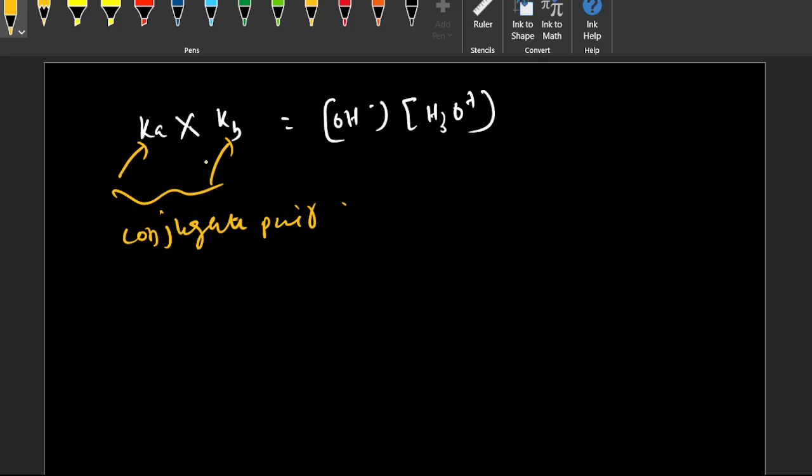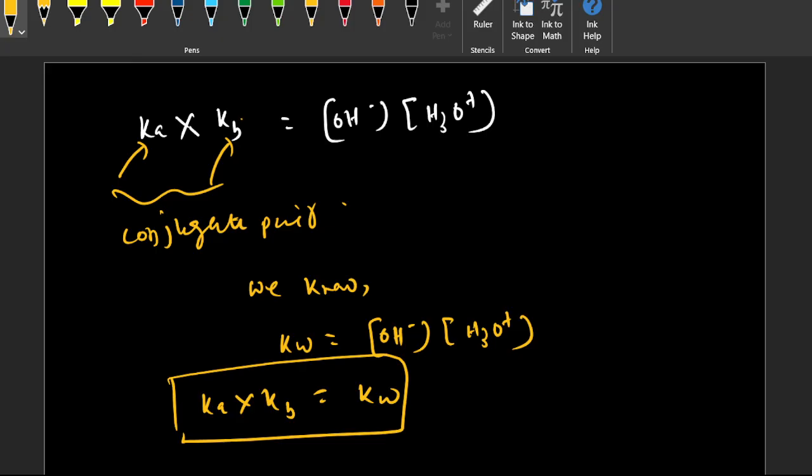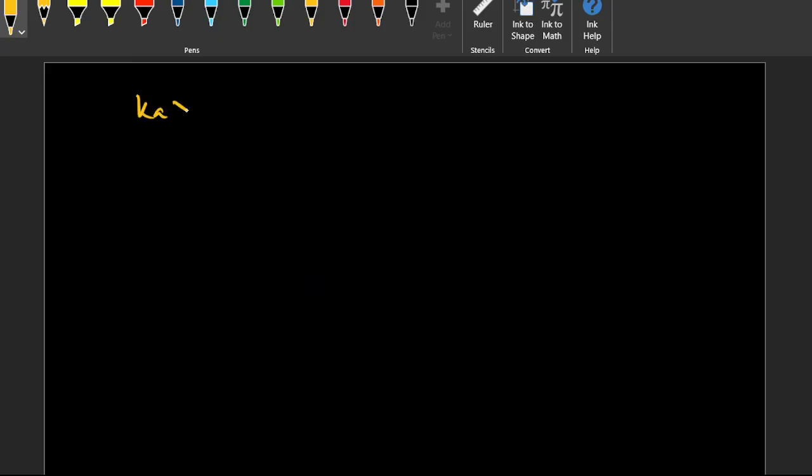So for a conjugate pair, if the equilibrium constant of the acid and the equilibrium constant of the base are conjugate, then the product is equal to the OH minus concentration times the H3O plus concentration, and we know Kw equals the OH minus concentration times the H3O plus concentration. Then we can write Ka into Kb equals Kw.